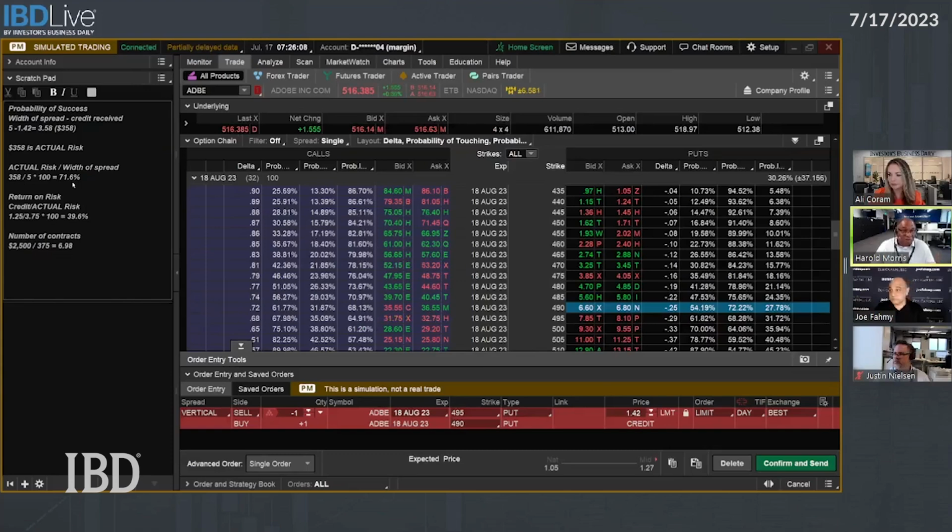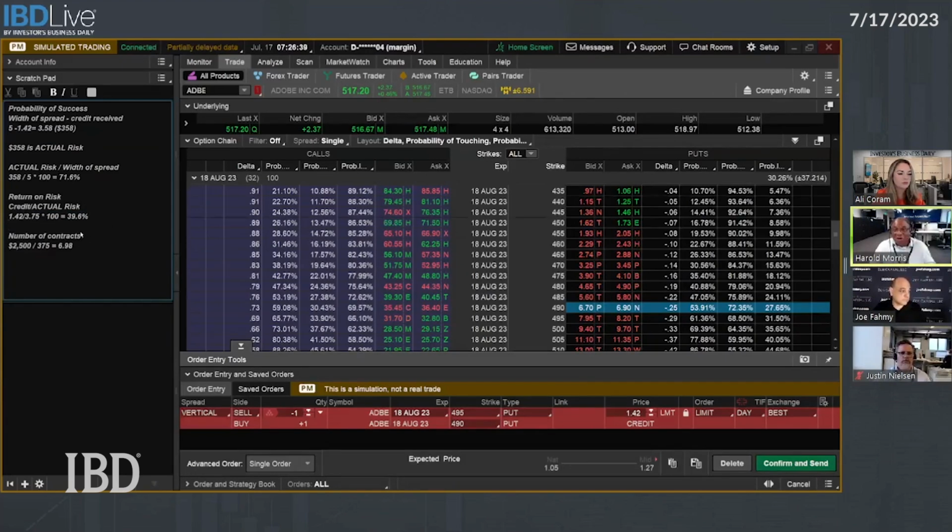Then our return on risk: based on the amount of money we're risking, we just take the credit received. Oh, that should be 142. Sorry about that. The number here is correct.